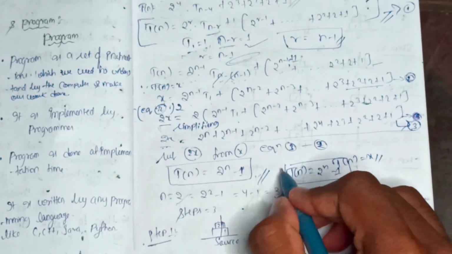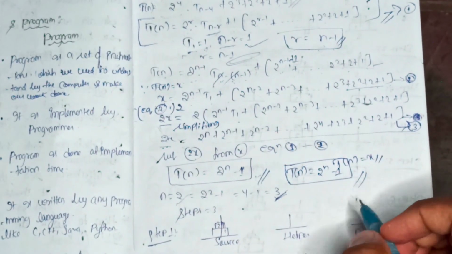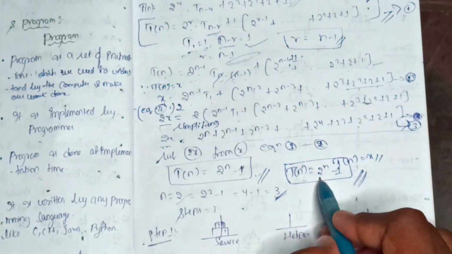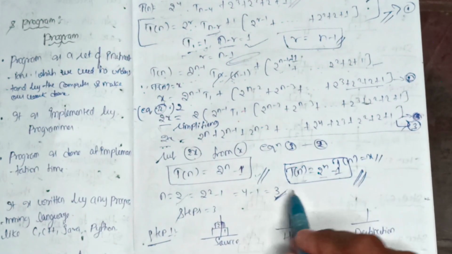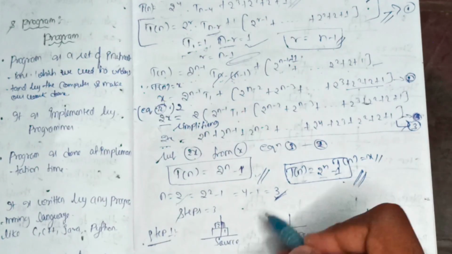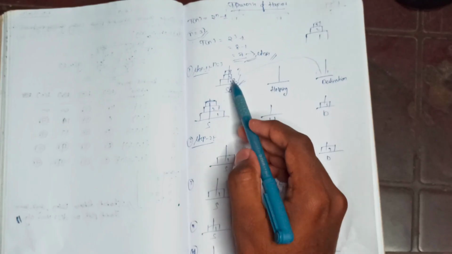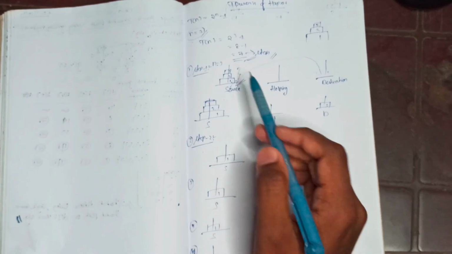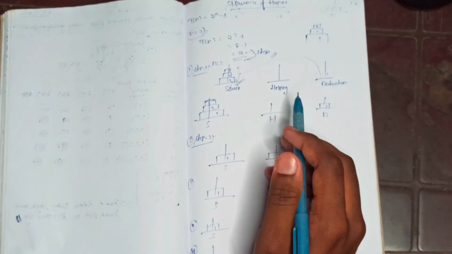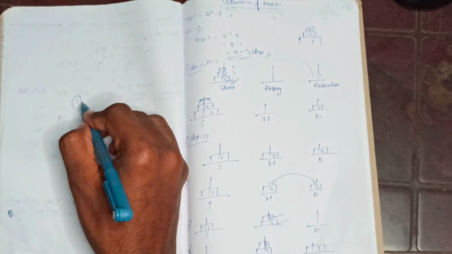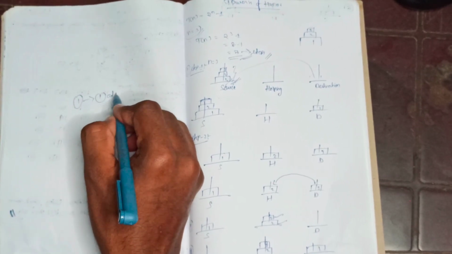It is the recursive equation for Towers of Hanoi. Using this formula, T(n) equals 2 power n minus 1, we will solve the problem. Now let us see that. So there are 3 nodes, 1, 2 and 3. The basic rules are that we have to shift one node in one step at a time.